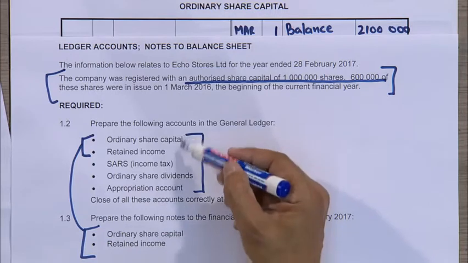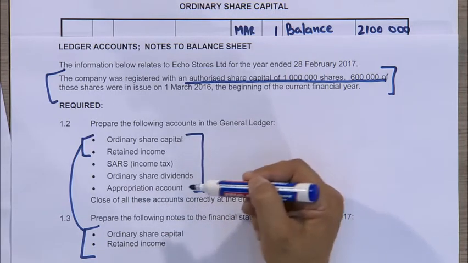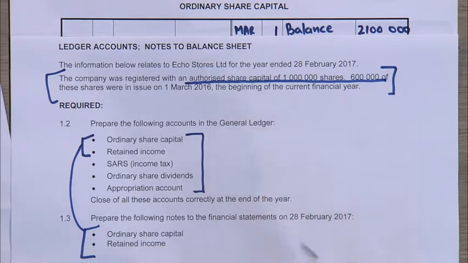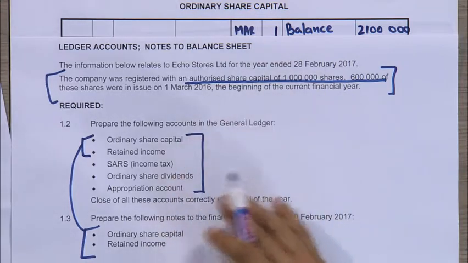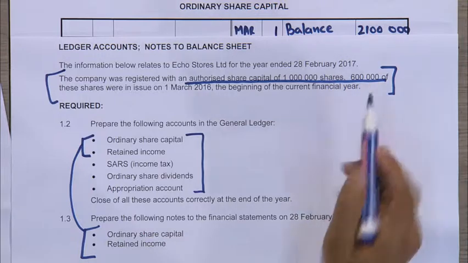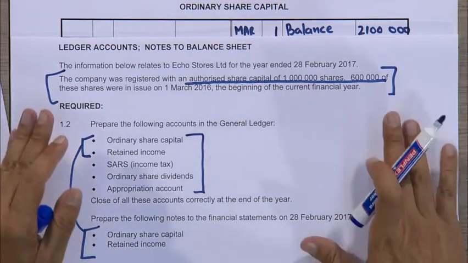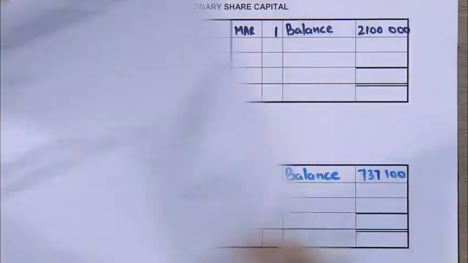Okay. Then they want us to complete the ordinary share capital note, the retained income, SARS account, ordinary share dividends, and the new account for you is appropriation. All these accounts will have to be closed off and properly balanced at the end of the financial year, and then we have to do the notes. Very important on this page, it's the amount that's authorized and the amounts that's issued. Okay. So that is just your instructions. So now let's get to the information so that we can see how to start.